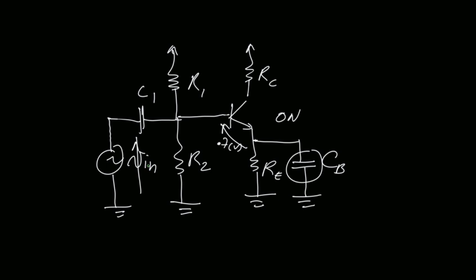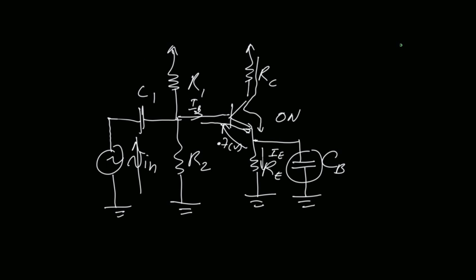Whether VIN exists or not doesn't really matter. There's always a small DC current, IB, going in here, and there is an IC. Eventually IB and IC combine to give me IE. So the transistor is always consuming power, whether there's an AC signal or not.